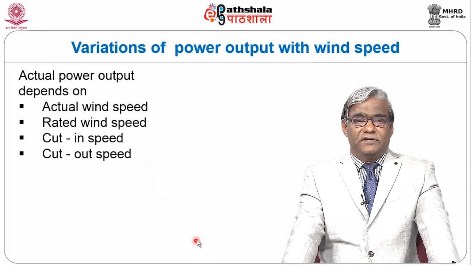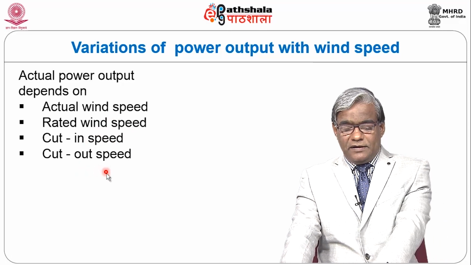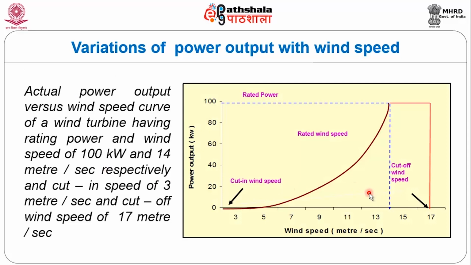Now, the variation of power output with wind speed. Actual power output depends on actual wind speed, rated wind speed, cut-in speed, and cut-out speed. In this graph, it is well represented.